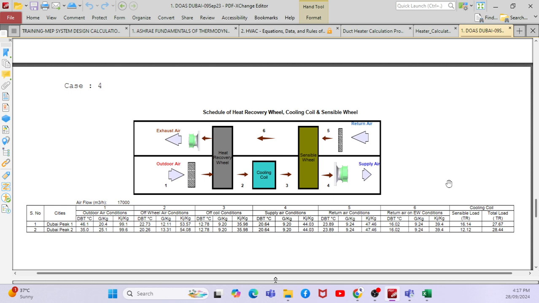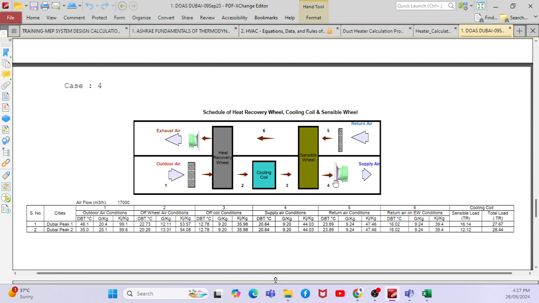Assume that after the sensible wheel I'm not able to achieve 20.64. I can achieve only 16. So how will you increase the temperature? By adding the heater. Even after the sensible wheel, you cannot achieve the required supply condition.